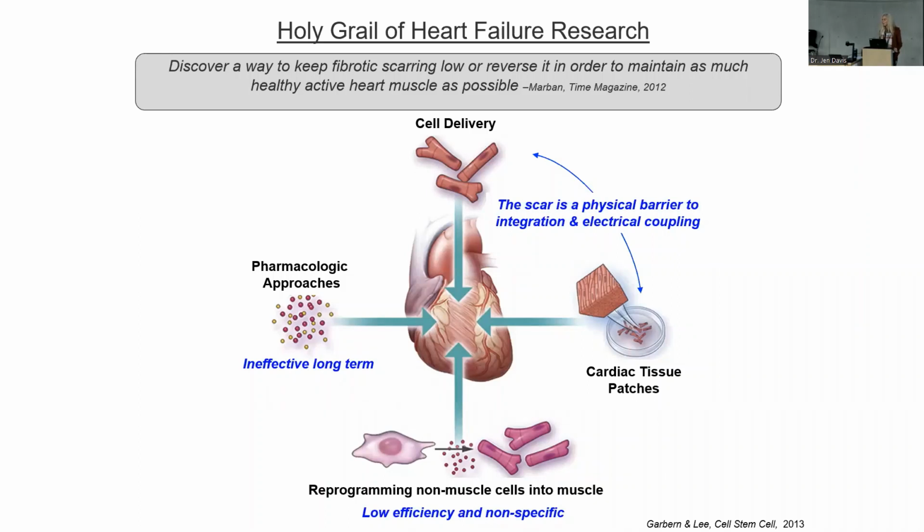But one of the problems with this therapy is that it still has to overcome the barrier of a fibrotic scar. Oftentimes these delivered cells or implanted tissue patches get encapsulated by a fibrotic scar, and then they can't integrate with the host and they can't electrically couple. So this still sets up a premise that we need to find some way to address that fibrotic scarring.